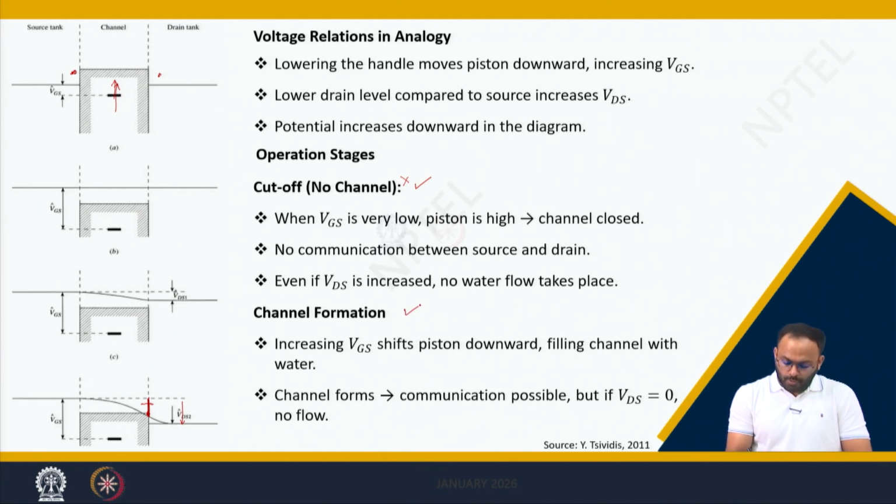Now, how do you form a channel? By increasing VGS or lowering this piston, you make a communication between source and drain, which is similar to applying VGS in a MOSFET. But until you apply VDS, there is no flow of electrons, because you are not creating a voltage difference between these two points.